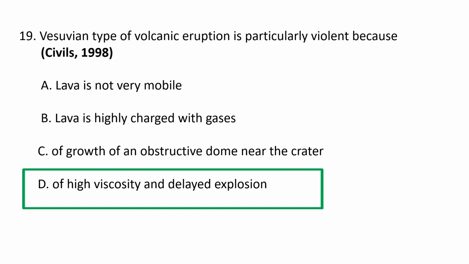In the Vesuvian eruption, as typified by the eruption of Mount Vesuvius in Italy, great quantities of ash-laden gases are violently discharged to form a cauliflower-shaped cloud high above the volcano. That's why it is very violent, due to high viscosity and delayed explosion. D is the correct option.